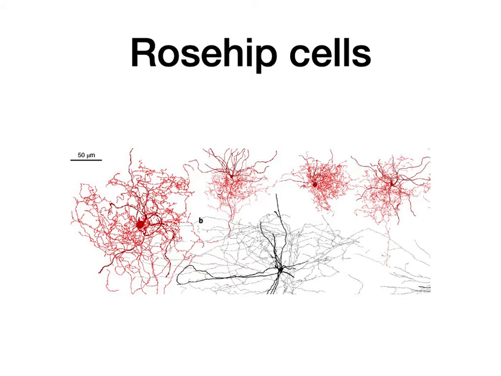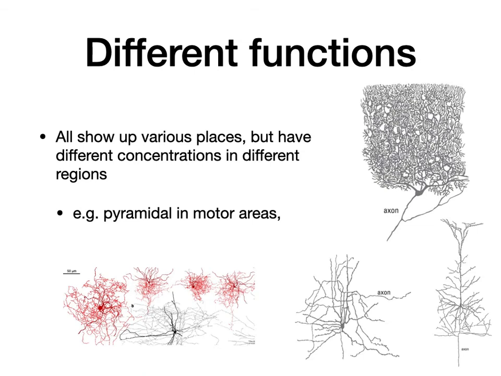But the idea here is that there are a variety of cell types for neurons. And they all show up in different places. They have different functions. They're slightly different, right? So for whatever reason, we have a lot of pyramidal cells in motor areas. That is just how motor areas function best.